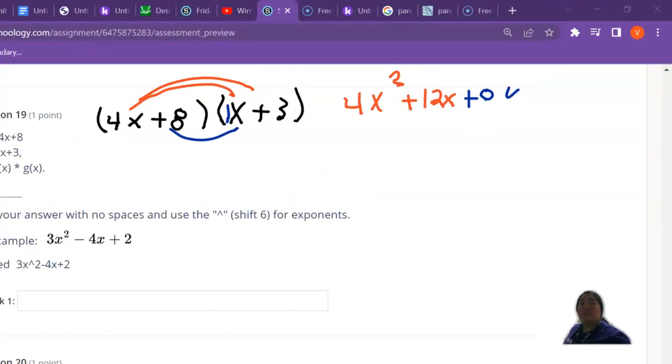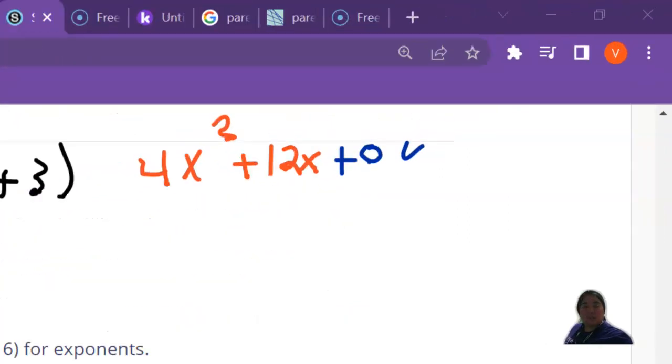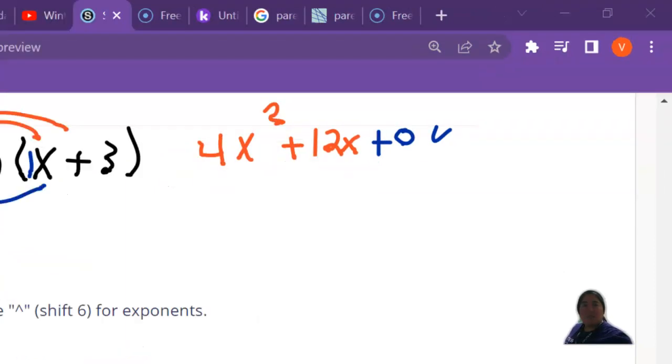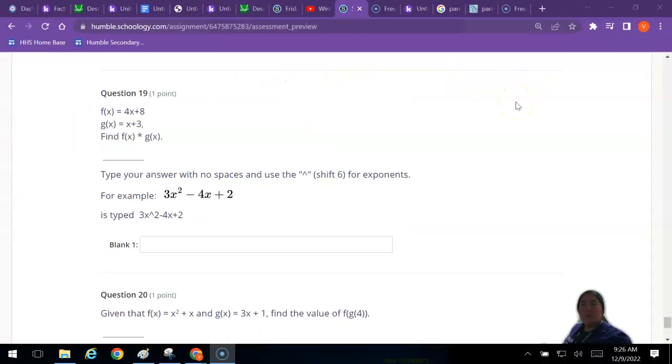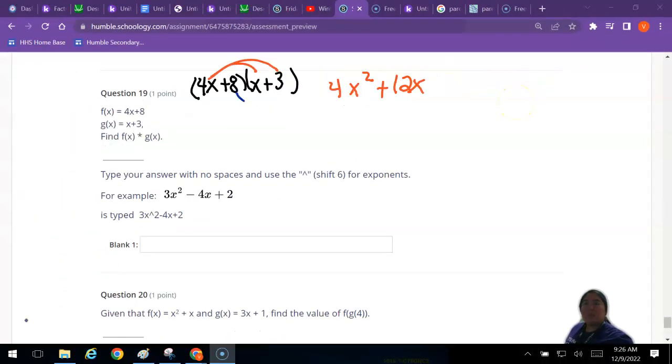Oh my gosh, why is it doing this? So then I multiply these and I get plus 8x. And then plus 24. Good.